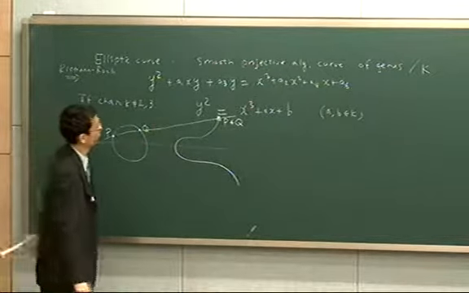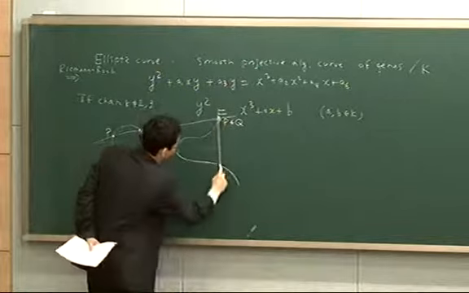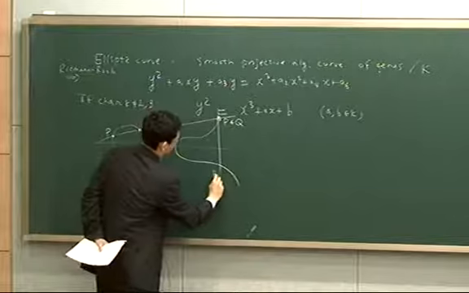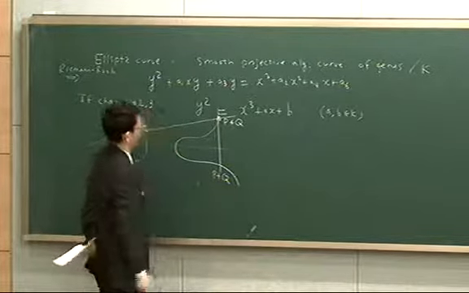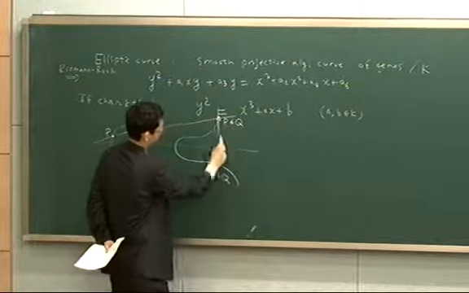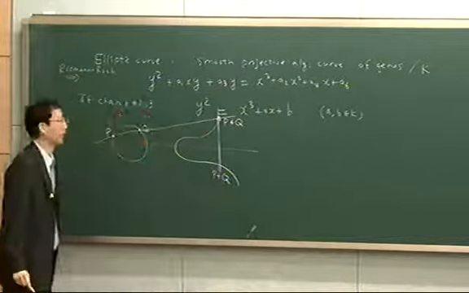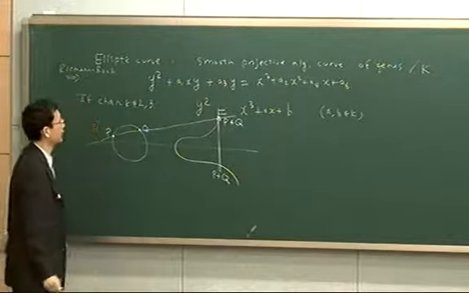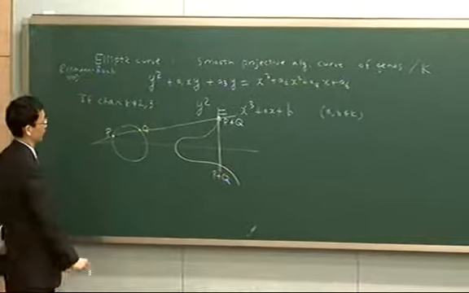So if we take another point, which is the reflection of this point along the y-axis, this defines a group structure, an abelian group structure.